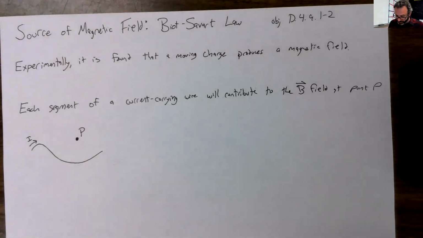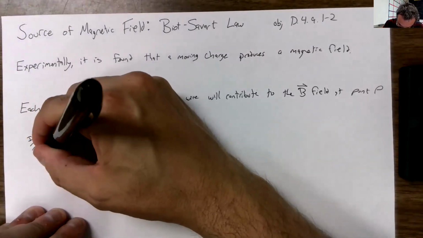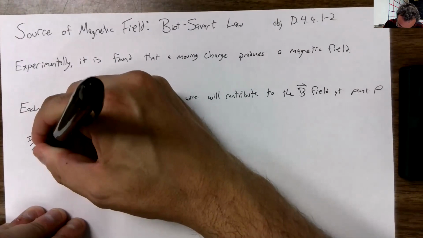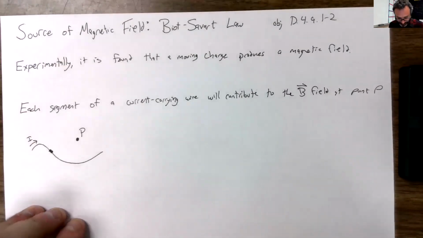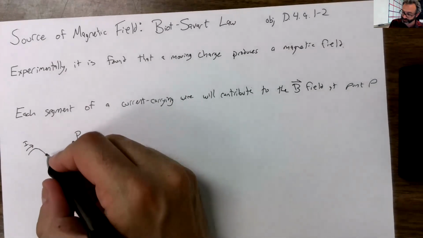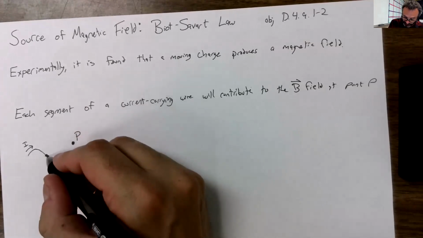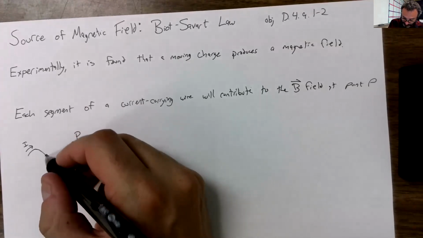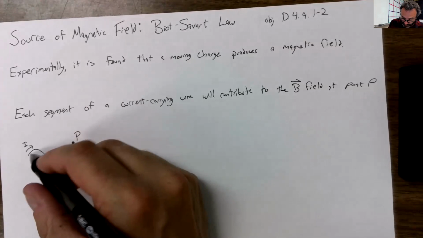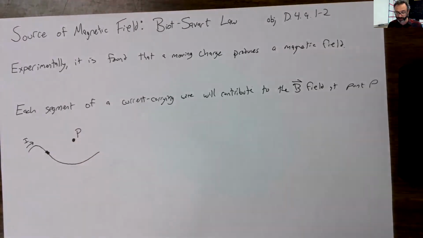And what we're saying with this Biot-Savart law is that we're going to break this current carrying wire up into a large number of small pieces of approximately straight wire. Each small piece of approximately straight wire is going to contribute something to the magnetic field at this point. And once we figure out the magnetic field from one piece, we would figure out from each of the other pieces and add them up, right? And that's the integral.